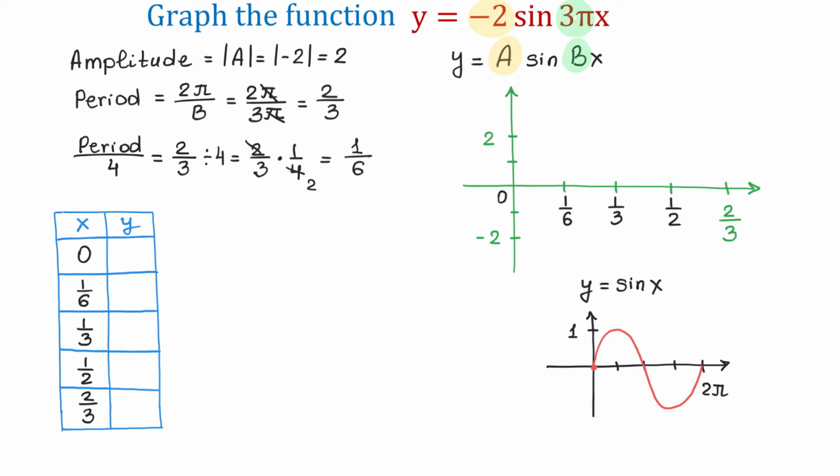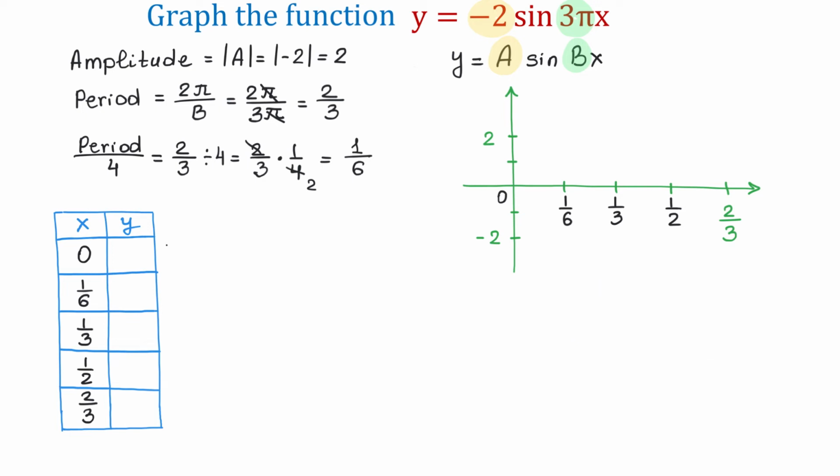So what we can tell about the function we have is that the function will pass through the origin, and because we have a negative number in front, from the origin the graph will go down first, then to 0, and then will go up to 2, and then back to 0. Let's see if we are right by finding the y-coordinates and then plotting the points.